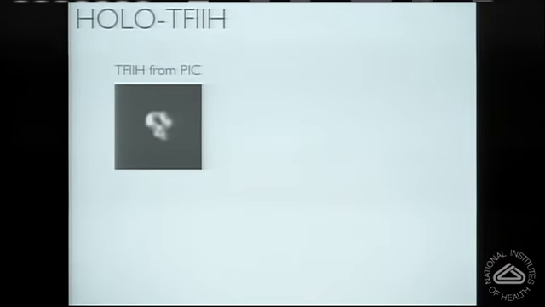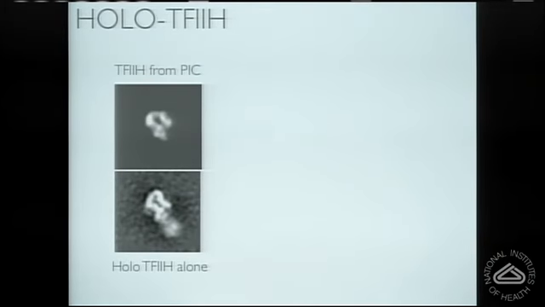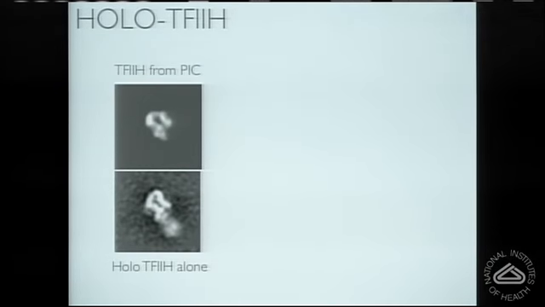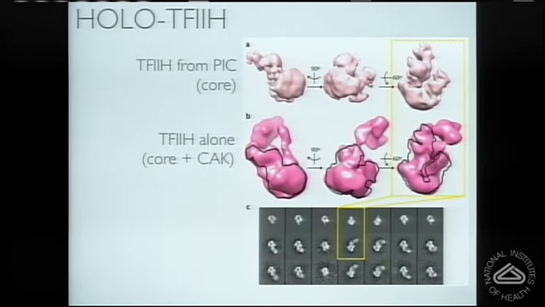comparing it with the TFIIH structure that we can just mask out of the full PIC. And when we look at the holo, at the TFIIH alone, and we separate into different conformations, you can see this extra density with respect to this core, and again, through this class averaging, we can sort out a little bit, but I think hopefully you can see that this is still a little fuzzy, and this is due to mobility.